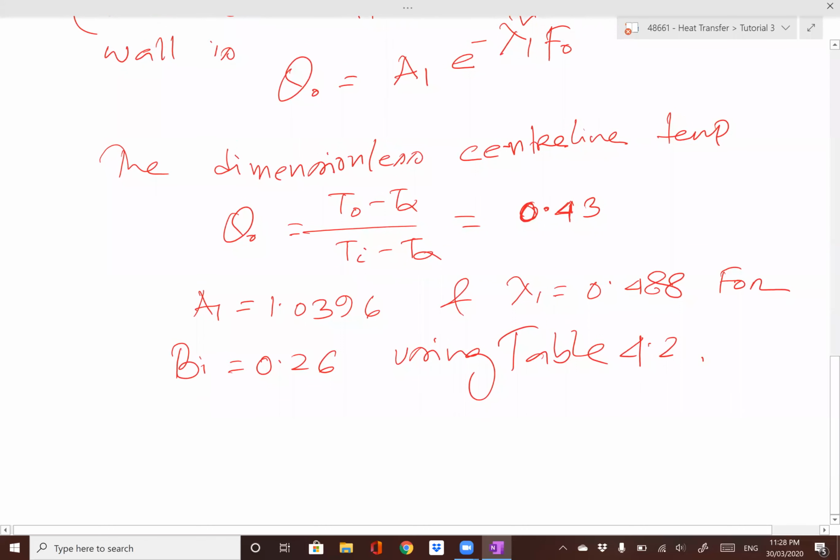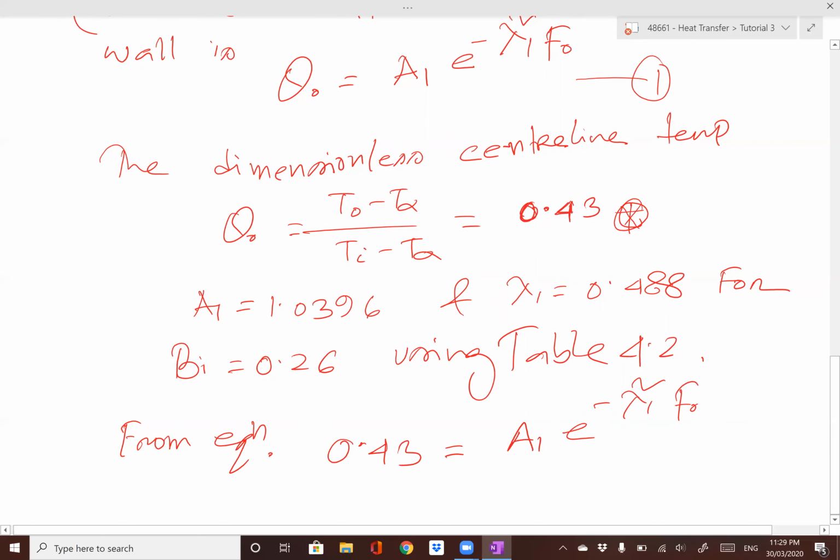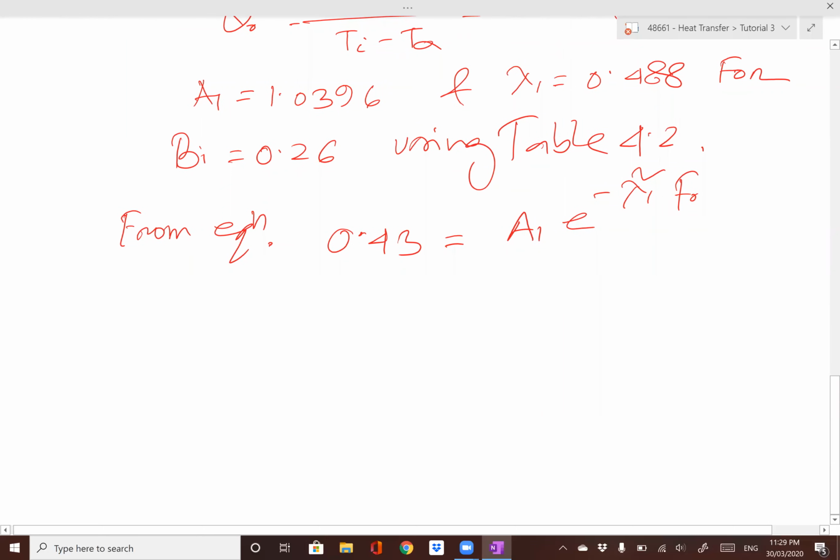Okay, now from equation 1, if I use the dimensionless center line temperature, this value equals A1 e to the minus lambda 1 square F naught. So we can write 0.43 equals A1 e to the minus lambda 1 square F naught.